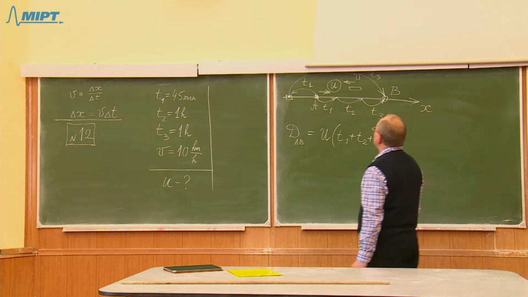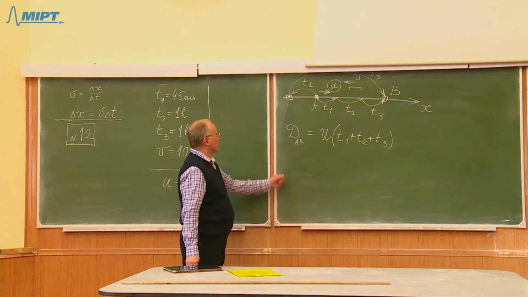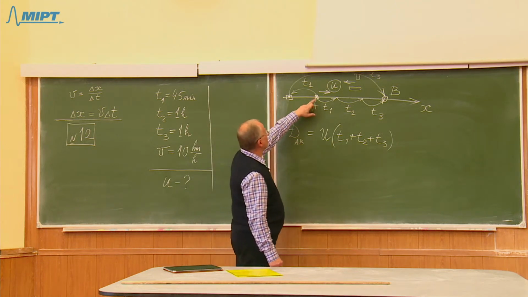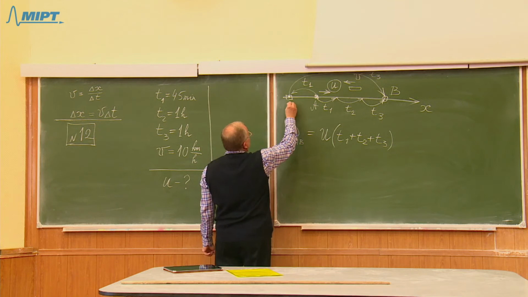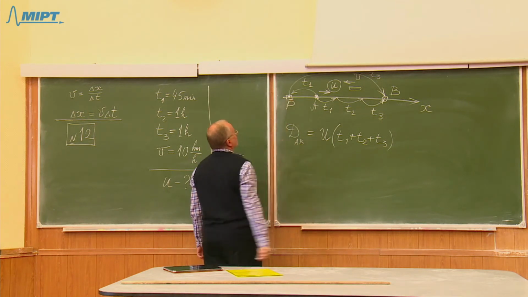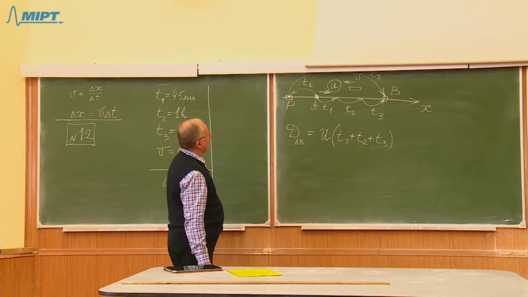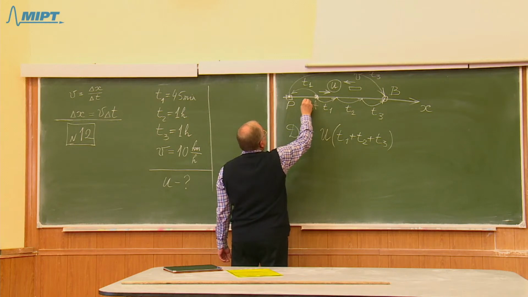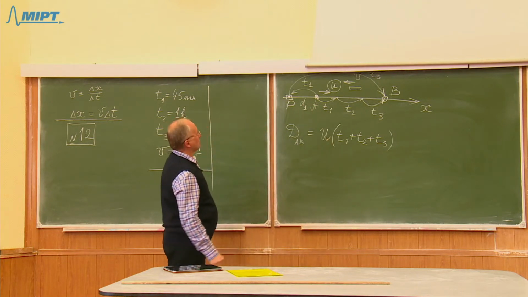What happened to the motorboat while the raft was floating downstream? First, the motorboat went from point A to, say, point P. And that was some distance, let it be d1, that was traveled by the motorboat.